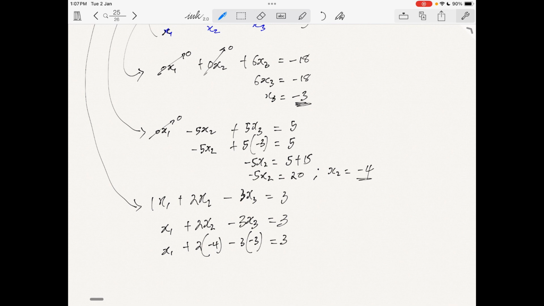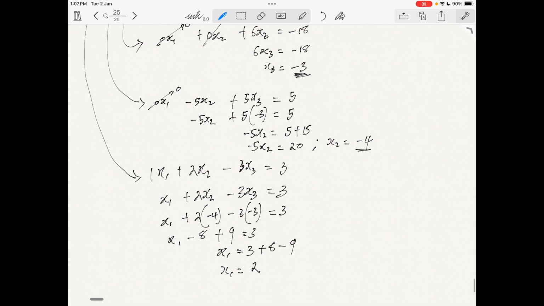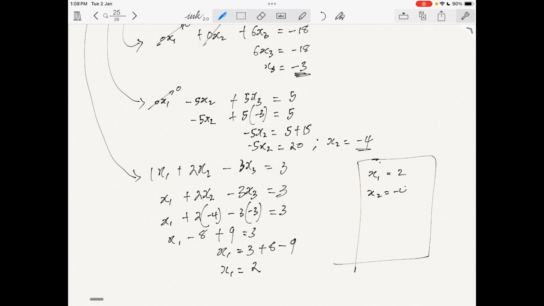So our x1 minus 8 plus 9 is equals to 3. So our x1 will be equals to 3 plus 8 minus 9, so x1 will be equal to 2. So at the end of it all, our x1 is equals to 2, x2 is equals to minus 4, and x3 is equals to minus 3.